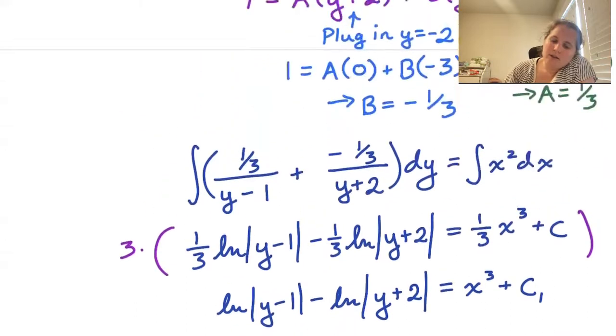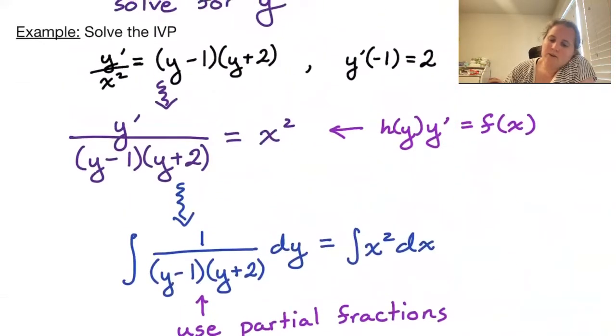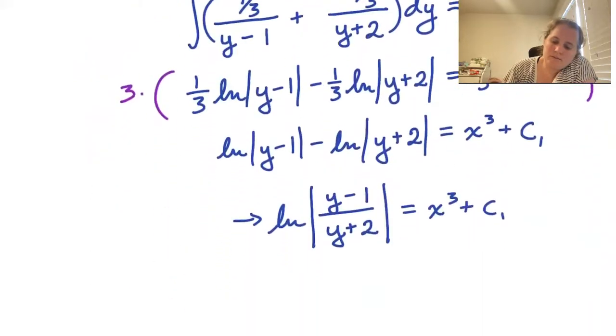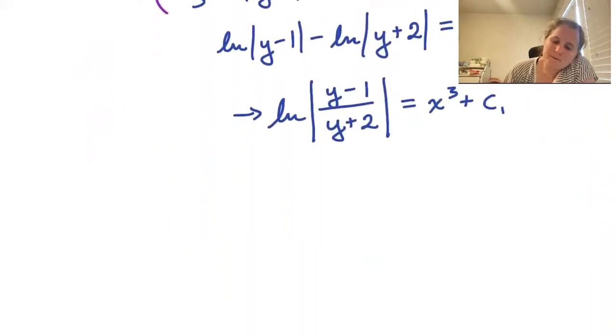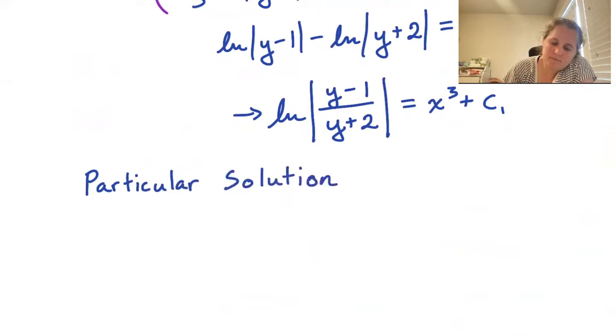Our initial condition was that, sorry, this should have been y, not y prime. Let me fix that. Our initial condition is that y of -1 is equal to 2. So now finding our particular solution. y of -1 is equal to 2.